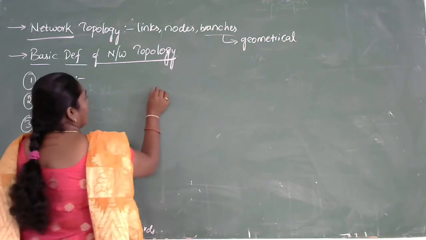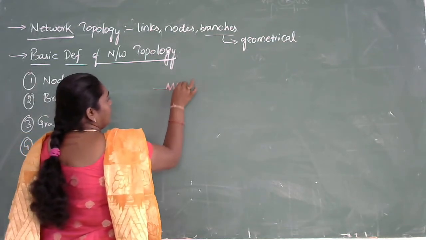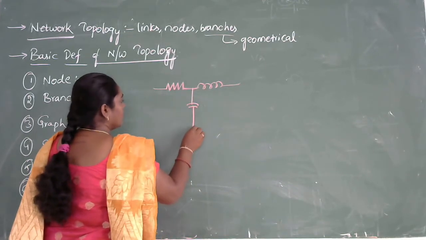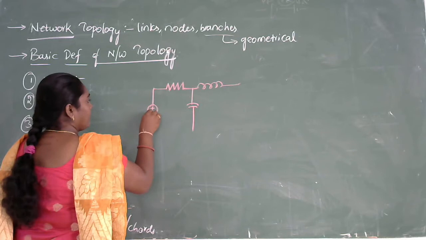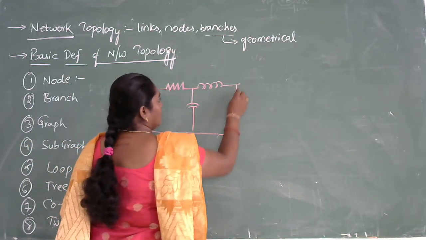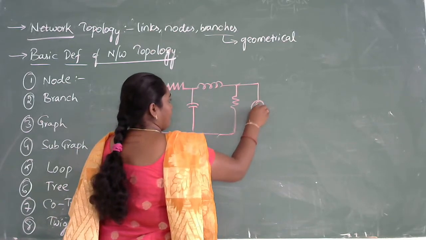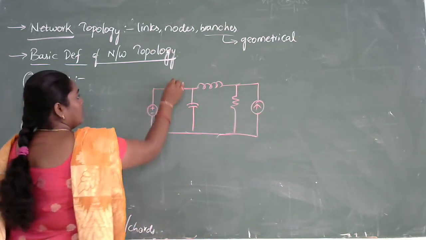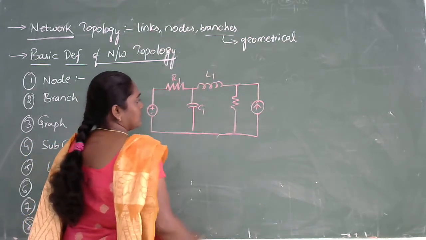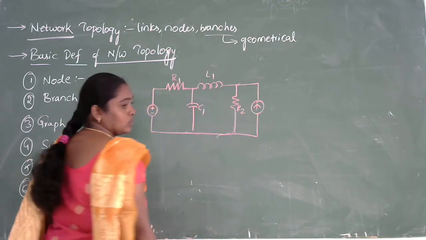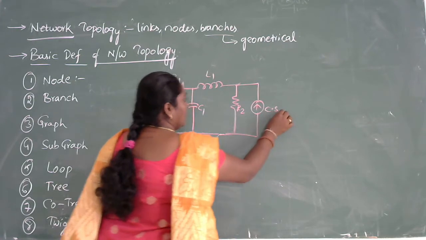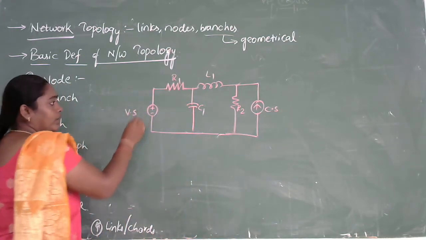Here I am assuming an electrical circuit with a resistor R1, inductor L1, capacitor C1, resistor R2, a current source, and a voltage source.